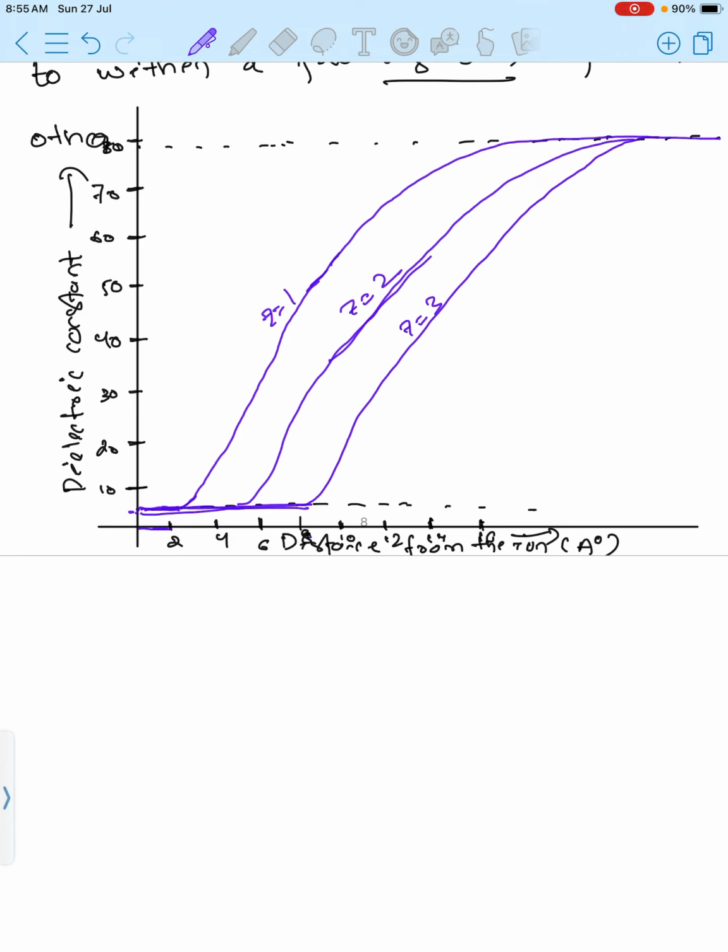That means up to 8 angstrom, the value for the solvent medium is about 1.78 when the charge is 3. That shows the effect the charge has on the value of the dielectric constant of the solvent medium.